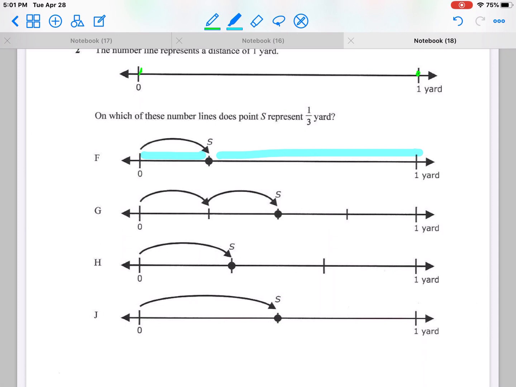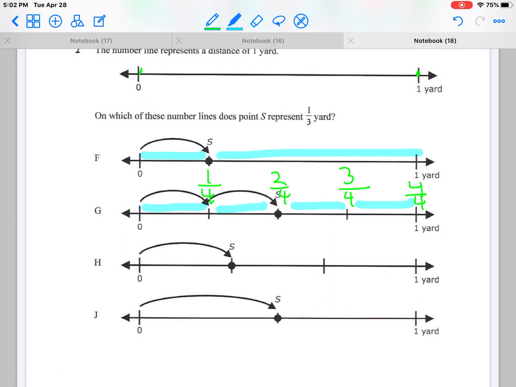Let me look at G. I notice that this number line is divided into 1, 2, 3, 4 equal parts. So I know that I can label my number line with 1 out of 4, 2 out of 4, 3 out of 4, and 4 out of 4, or 1.